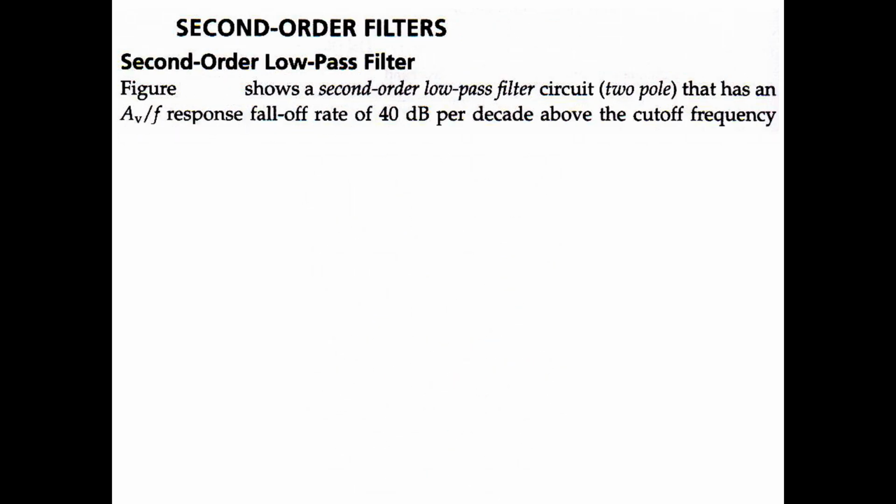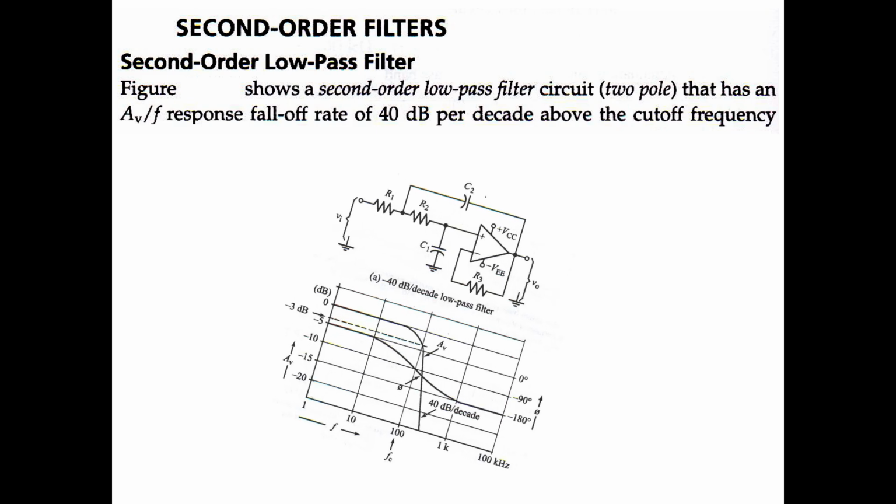Second order filters, second order low pass filter. The figure shows a second order low pass filter circuit that has a frequency versus gain response fall off rate of 40 dB per decade above the cutoff frequency.